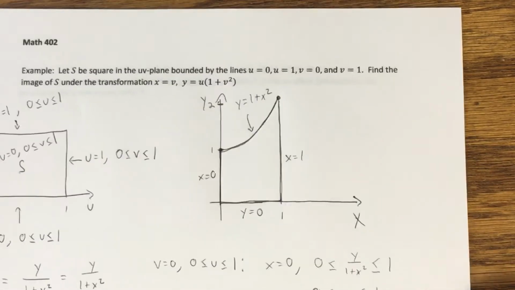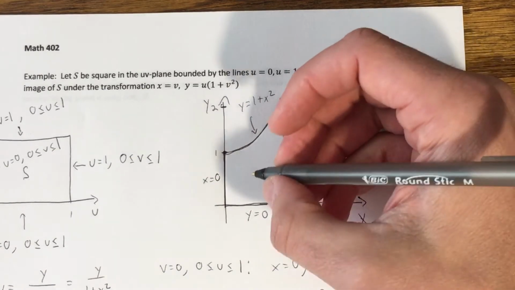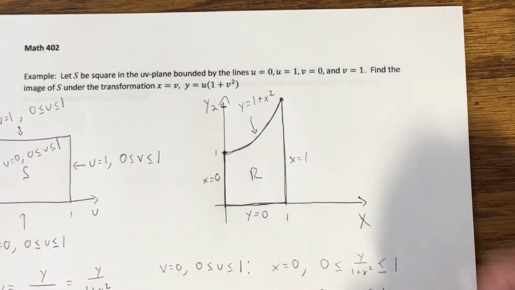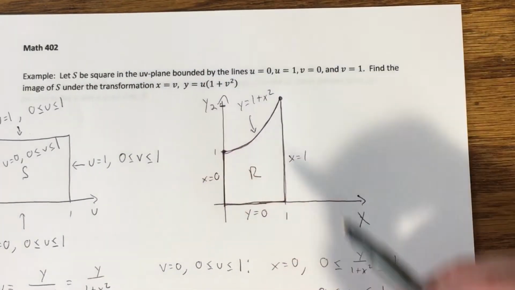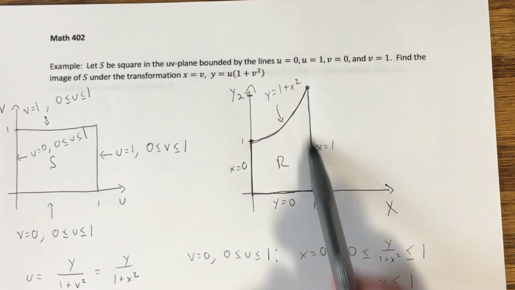So when it says find the image of S under that transformation, let's call that region R. It doesn't say in the problem to call it that. But the boundaries of S will map to these boundaries here.